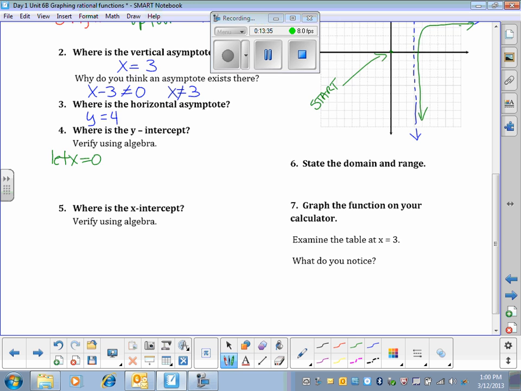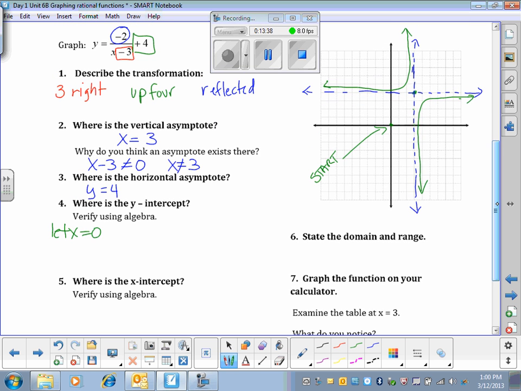Okay, when we let x equal 0, the equation is y equals negative 2 over 0 minus 3 plus 4, or y equals negative 2 over negative 3 plus 4, or 4 plus 2/3, which is 4 and 2/3. So if I were to look for that on my graph, I would go to 1, 2, 3, 4, and 2/3. It's somewhere right around there. So my graph's actually pretty close there. So that's my y-intercept right there.